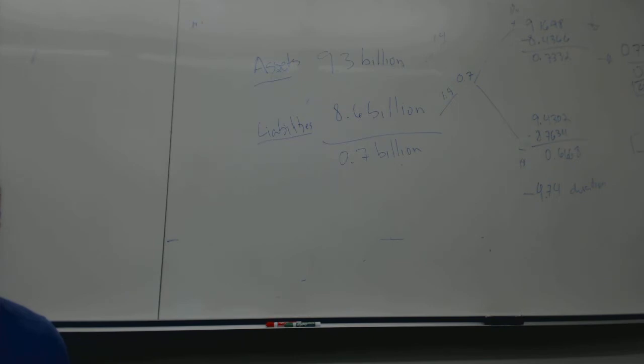Security will gain more with lower yields than lose with higher yields. Positive convexity, yes. Positive convexity securities will gain more with lower yields than lose with higher yields. Exactly.